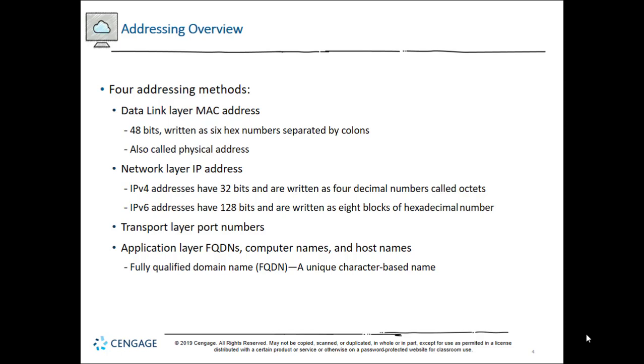And then at the application layer, we have things called an FQDN, which stands for Fully Qualified Domain Name. Now, what that does is on my network, it keeps track of computer 1, computer 2, computer 3, computer 4. I'm not going to remember that computer 1 is 192.168.1.64 and that computer 2 is 192.168.1.53. Those numbers change.